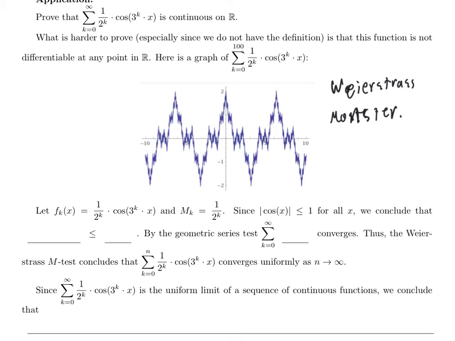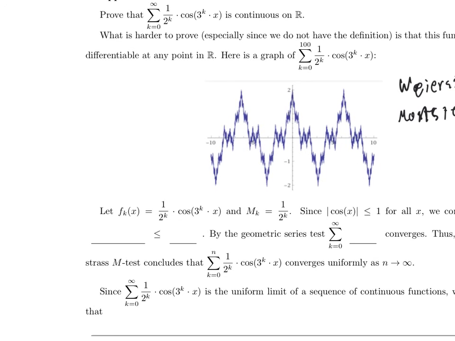Sure is. The absolute value of cosine is at its biggest 1. So f sub k of x is going to be less than or equal to 1. So let's say that since the absolute value of cosine of x is less than or equal to 1 for all x, we can conclude that the absolute value of 1 over 2 to the k times the cosine of 3 to the k x is less than or equal to 1 over 2 to the k.